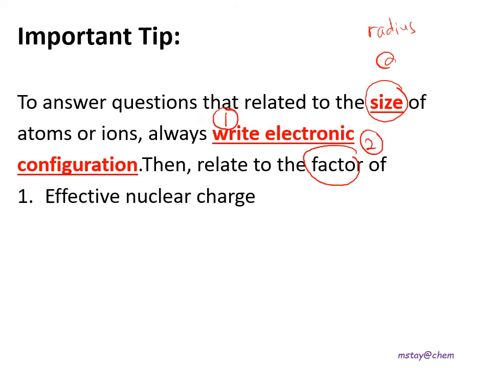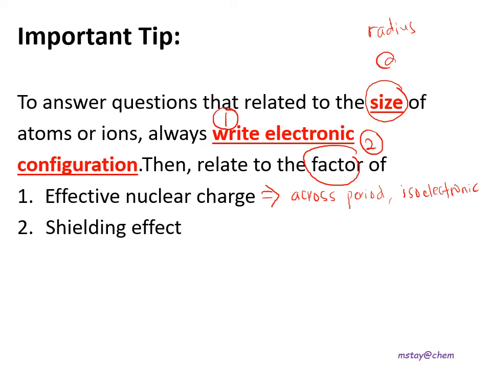Generally we have 3 factors. For effective nuclear charge, we use it when going across a period, and also for isoelectronic species, we use the factor of effective nuclear charge to explain.